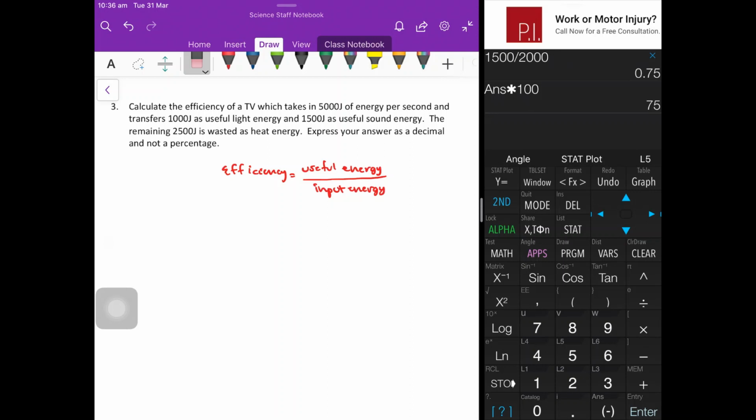So let's have a look at this. Efficiency, therefore, is equal to our useful energy. In our question we've got 1,000 joules as useful light energy and 1,500 joules as useful sound energy. So our useful energy will be 1,000 joules plus 1,500 joules, and all of that is divided by our input energy, which is 5,000 joules.